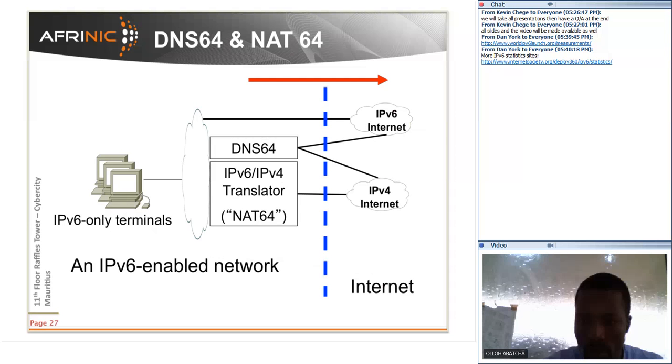However, if you're talking to the IPv4 internet, then you'll probably need something like DNS64 that actually takes the queries back and forth from IPv4 and IPv6. We have a slide about that coming up now. This is just a simplified slide. You probably will also need a NAT translator that does NAT64 support that translates your IPv6 addresses to IPv4 and back and forth, so you can communicate with the IPv4 internet.